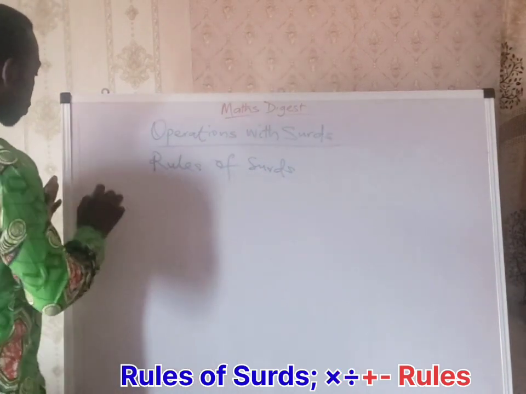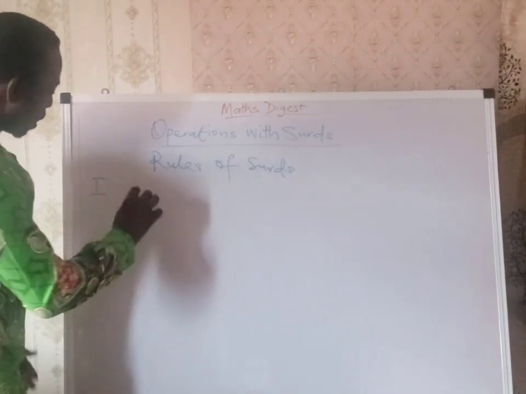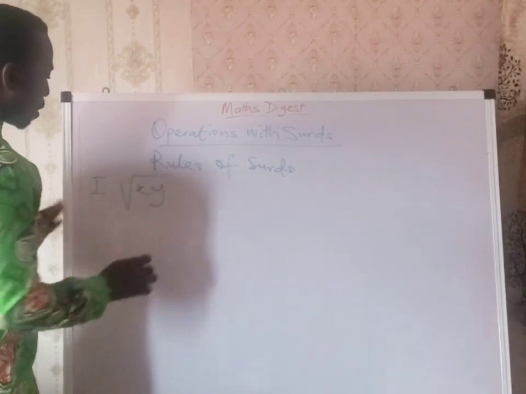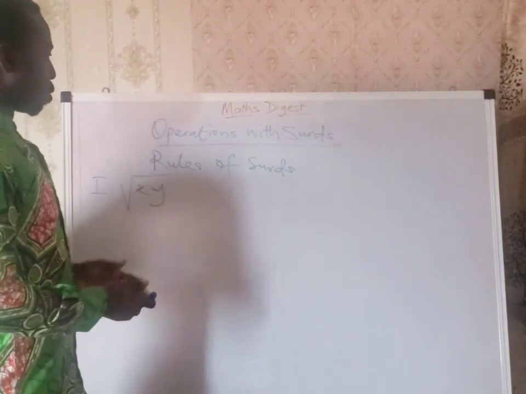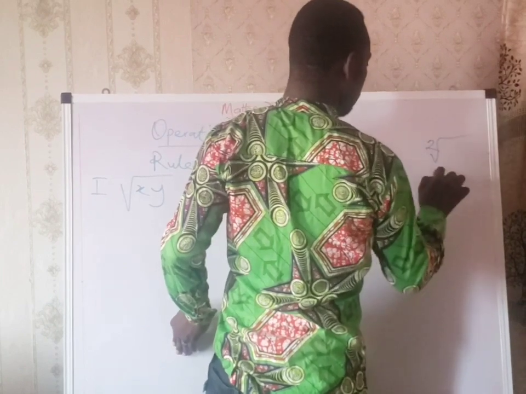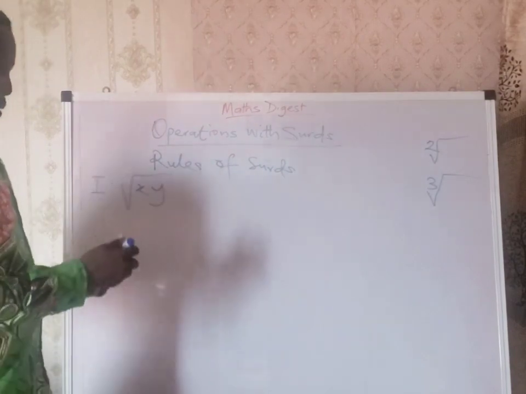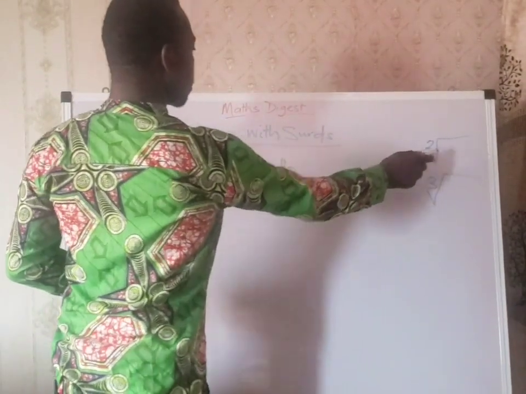We have the multiplication rule. That's rule 1. That states that if x and y are found in roots, remember, we call it roots. We have square roots, we have cube roots, and many of them, but here we are considering the first one.